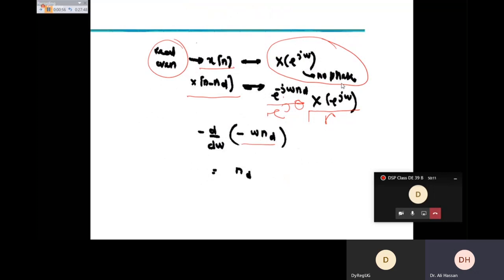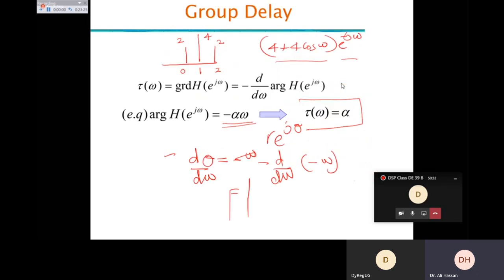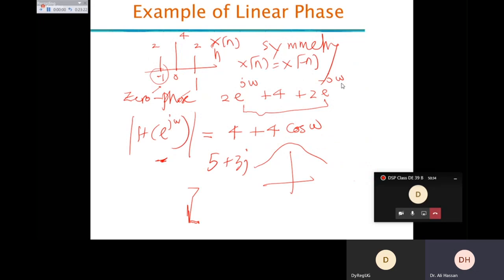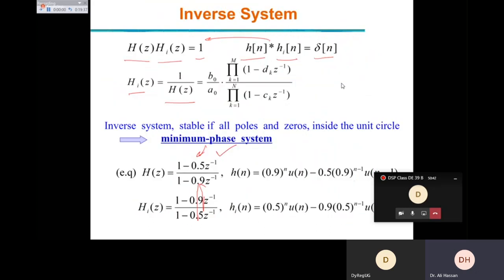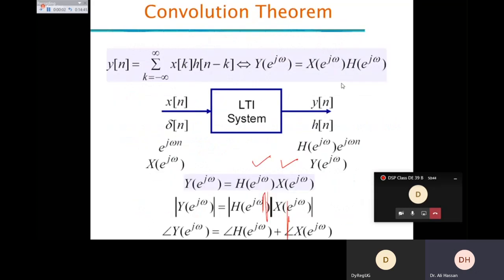So why is this important? Because we know that Y of exponential j omega is equal to H of exponential j omega multiplied by X of exponential j omega. The magnitudes they multiply, phases you add. So we have already seen this relationship, which is an important relationship in understanding what the phase is going to do, how the phase is going to harm the phase of your input signal.